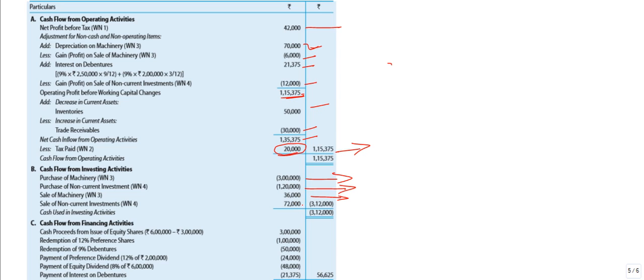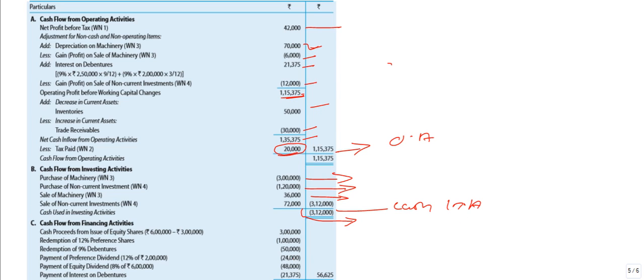Non-current investment sale also includes the gain, as we discussed earlier. We write that, and the total we get here is the cash flow from investing activity. This is cash flow from the operating activity, and this is from the investing activity.